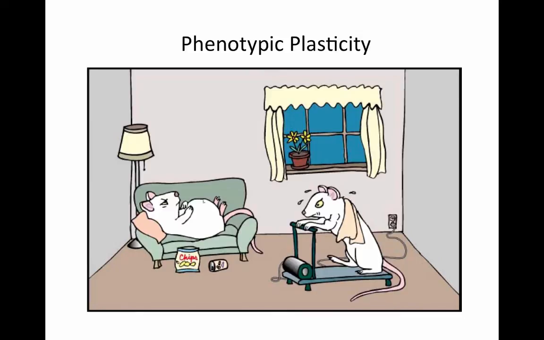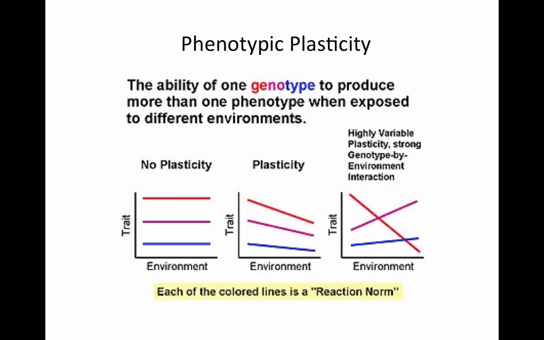So if we're going to define phenotypic plasticity, that would be the ability of a single genotype to produce more than one phenotype when exposed to different environments. And we can measure this by looking at specific genotypes, their trait values, and the environment that they're in. In this fairly abstract case, we can think of a trait such as, say, height of a plant in some environmental gradient.